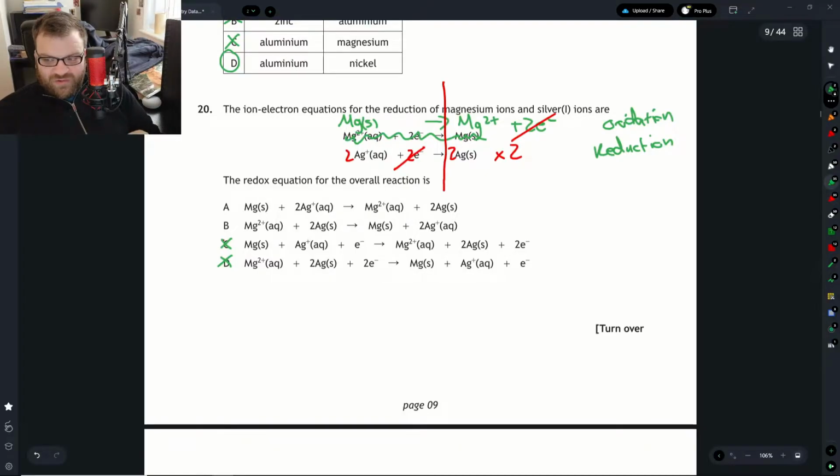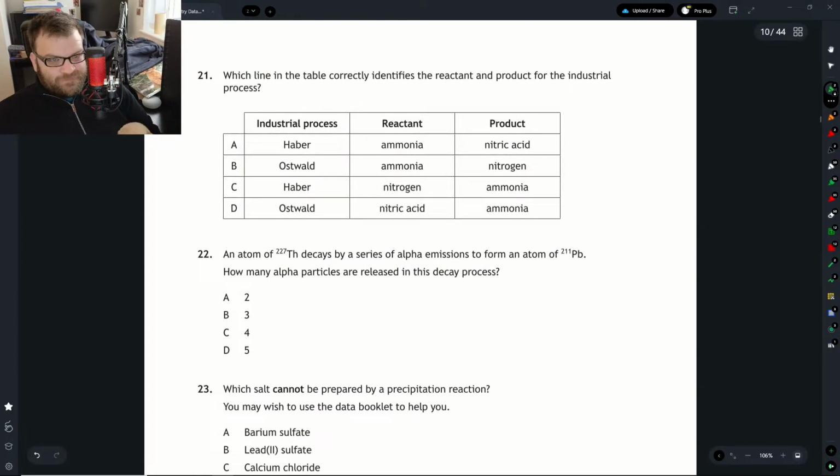We now just need to follow along with what we've been shown at the top. So we've got magnesium solid on the left, silver ions on the left as well. A matches that. If you look at this one here, they have not flipped that equation. And that would rule that out, given A is the answer for that one.